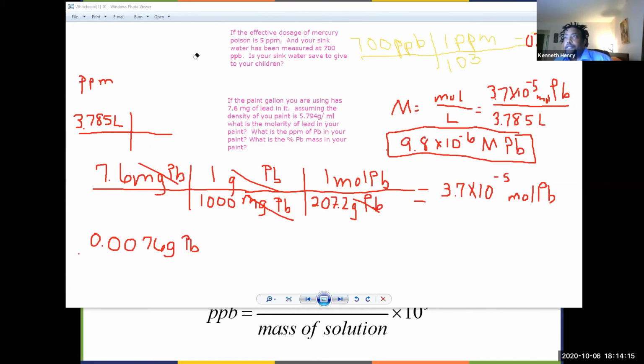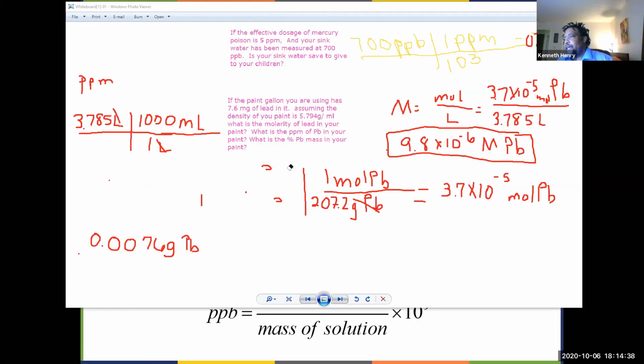Okay. 1,000 milliliters on top, 1 liter on the bottom. My liters are going to cancel out. Do you guys mind if I erase this part right here, since I need more room? Since I write like a kindergartner.